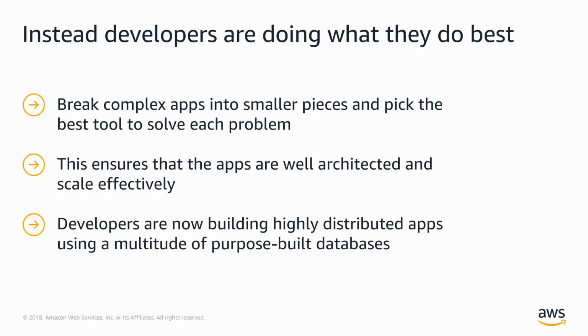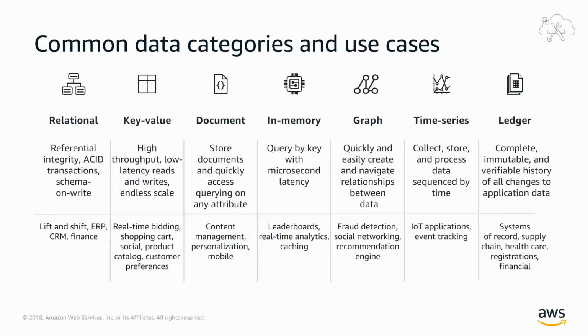So what are some of these common data categories and use cases? Well, there's relational, and that's what we've been talking about through most of this session today. But there are also key value. Can you do a key value in a relational database? Sure, you can, but you don't need to.